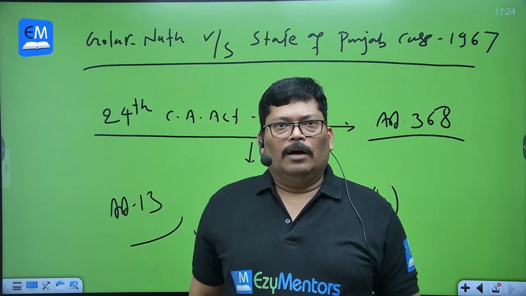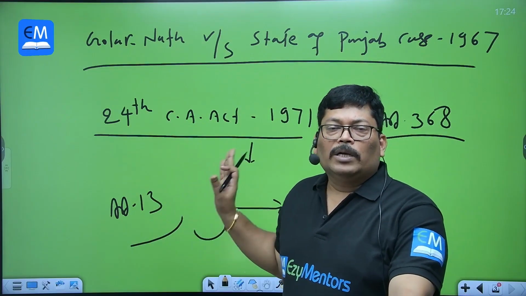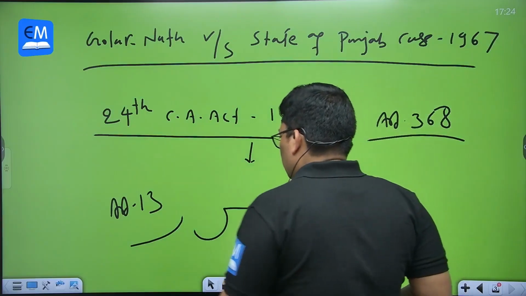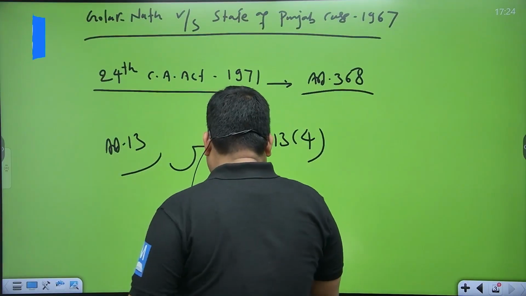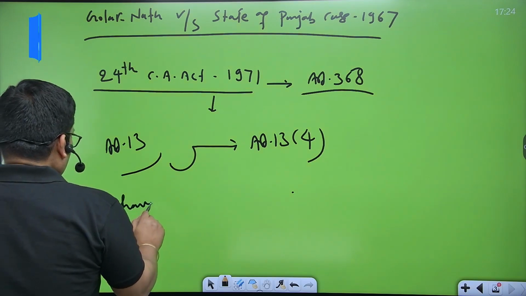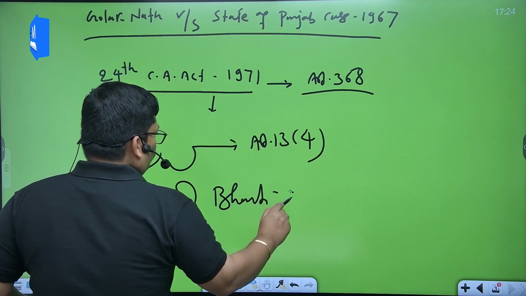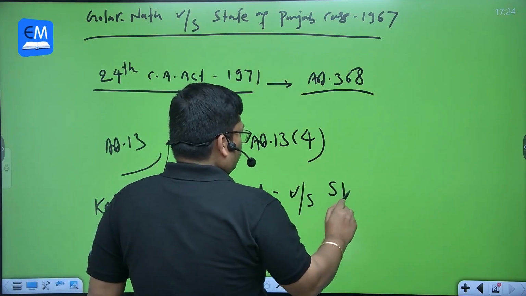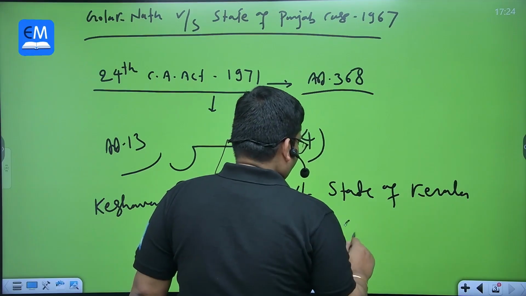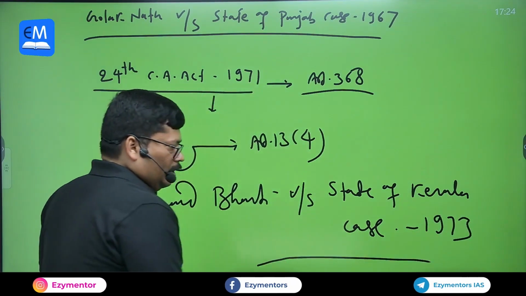After that, the stand of the Indian Parliament was challenged before the Supreme Court in a very popular case. The name of that case is Kesavananda Bharati versus State of Kerala, 1973.